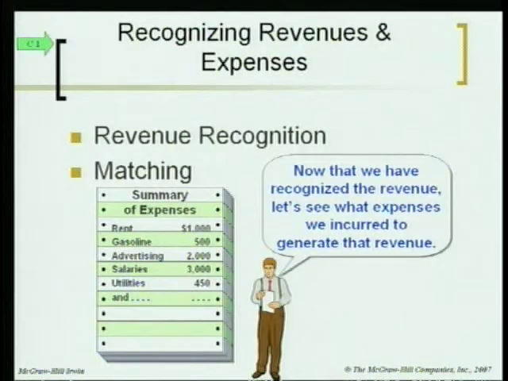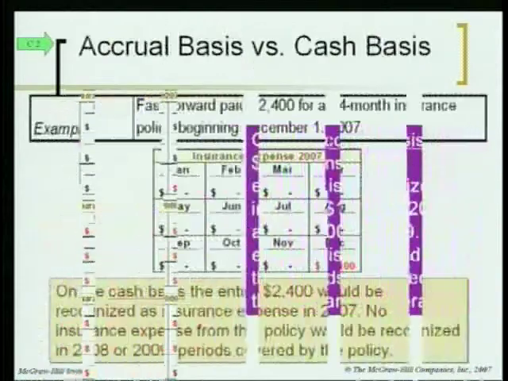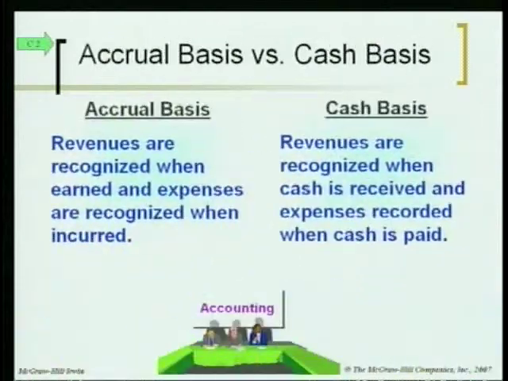Let's just do a quick little review, going to the PowerPoints. We talked about, going back a slide or two, how we use the accrual basis of accounting. That means we recognize revenues when they are earned. When are they earned? When we provided the product or service, not necessarily when cash comes in.